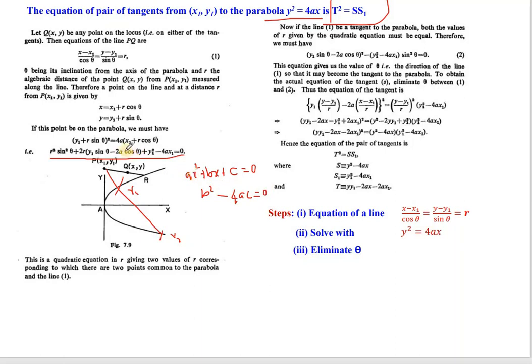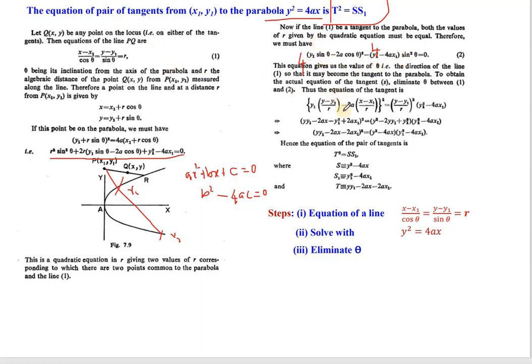So we compare this and see what is b and what is a and c and substitute. So here 2 you have, and this 4a you have. So you have 4 and another 4 here. They will get cancelled, giving you only this.